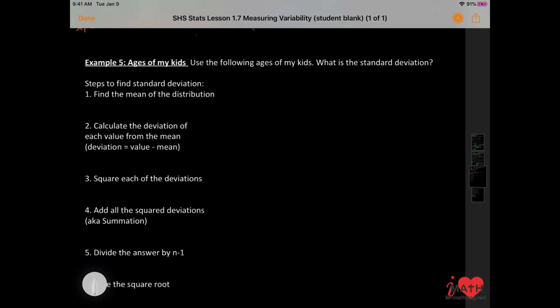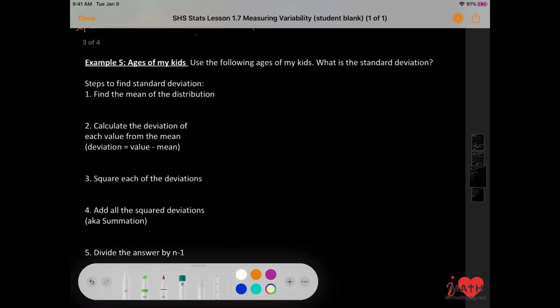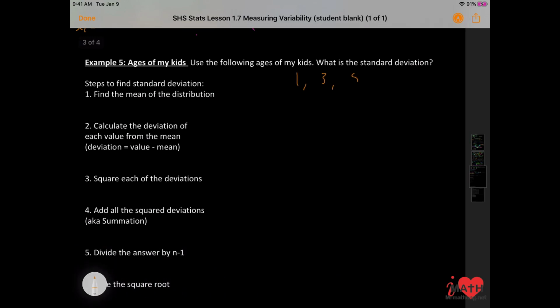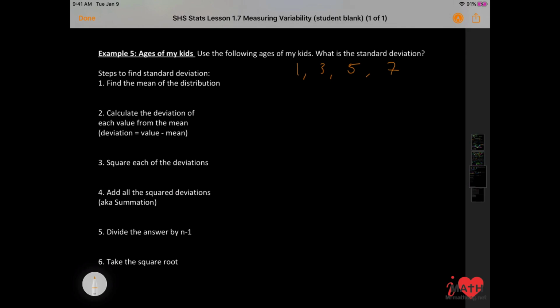All right. So let's do an example. Use the following ages of my kids: 1, 3, 5, and 7. Okay, it's just meant to be a super easy example. Let's go through these steps. Find the mean of the distribution.